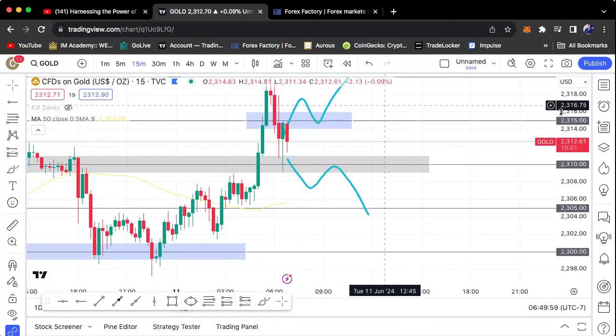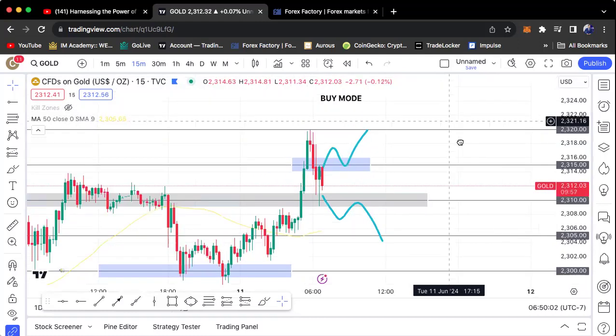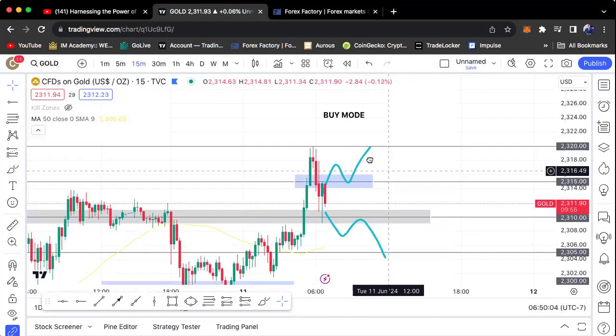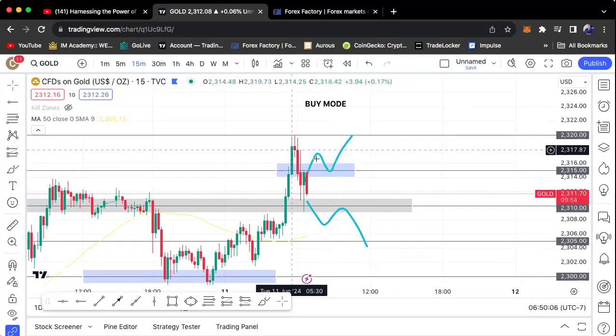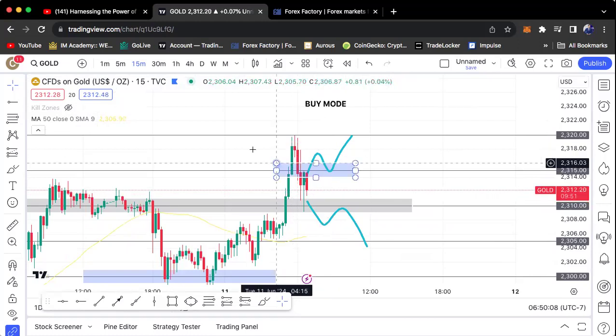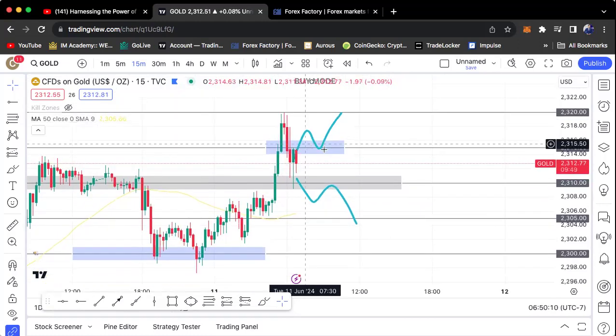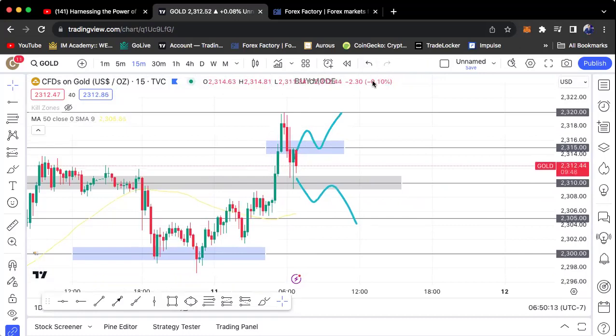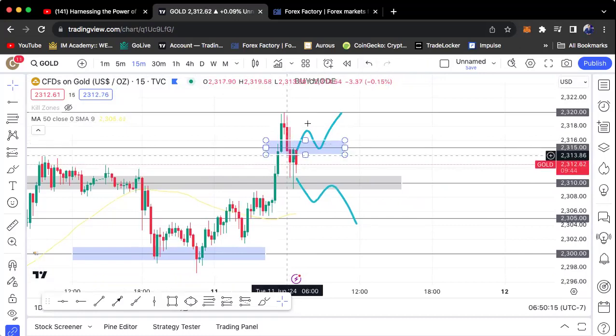But for those that wanna, you know, because it can go either way. You never know, the market is all manipulation at the end of the day. You guys can really capitalize both ways. For my buyers, for those that like to buy, just wait for the break of structure to the upside.